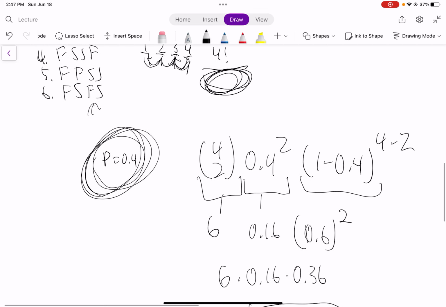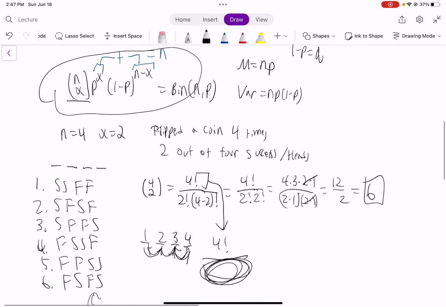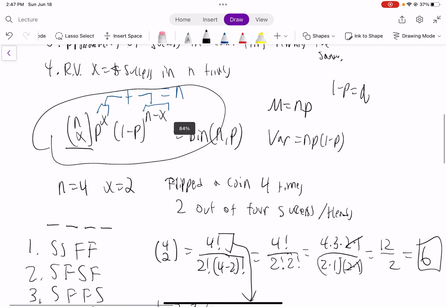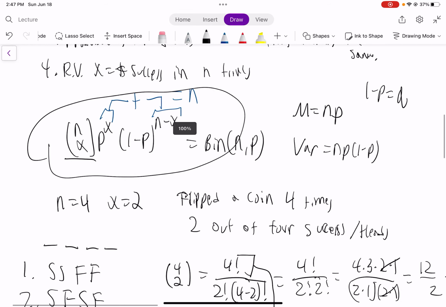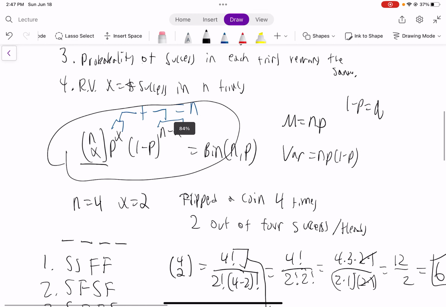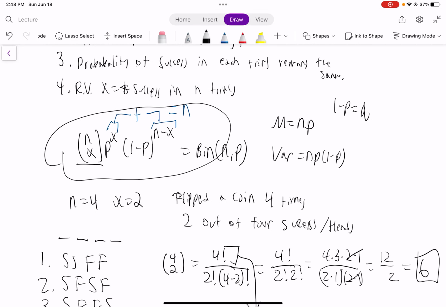Now, a little bit of a tidbit here. Half the time we don't know p. We know through data.